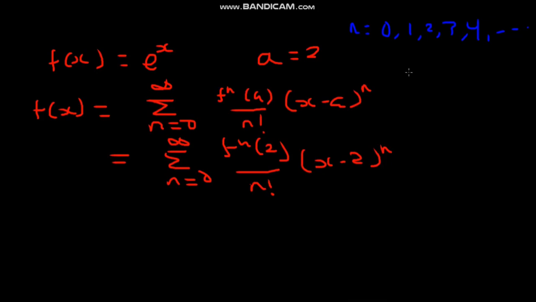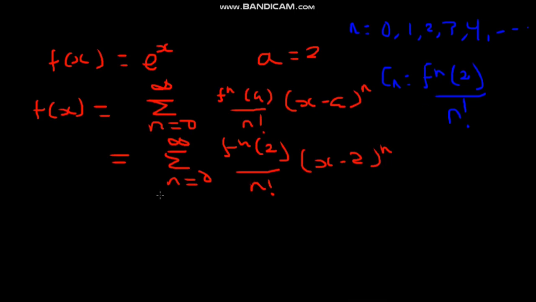So the general formula for the coefficient c sub n equals the nth derivative of the function at a, and in this case a is 2, over n factorial. This is what you are going to focus on.